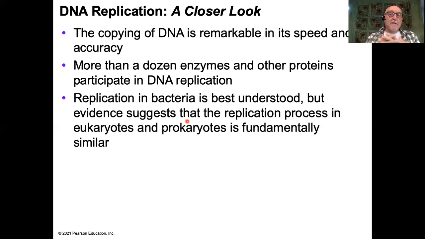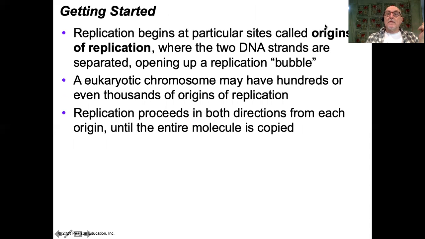But in actual fact, the same processes apply with a little bit of modification to all organisms. Most organisms follow exactly the same kinds of rules that are present in prokaryotes.